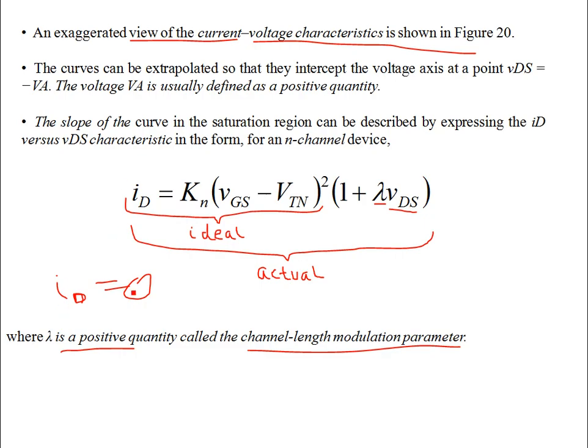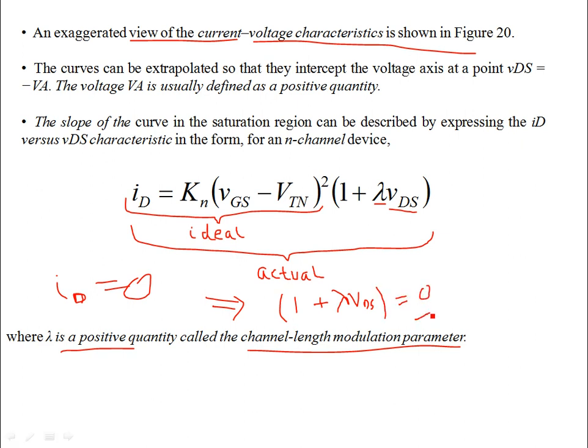So how does it come about? If you consider ID equal to 0, well, VGS is non-zero, VTN is non-zero, the conduction parameter is non-zero, then this implies the factor in the actual MOSFETs, 1 plus lambda VDS, the second multiplying factor in the equation, should be equal to 0.